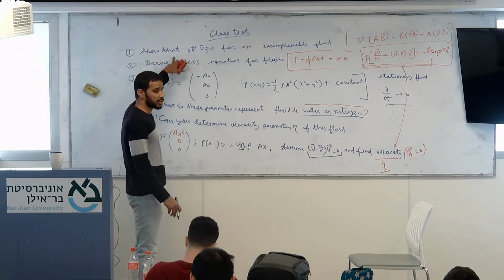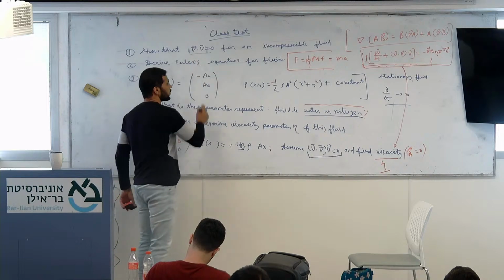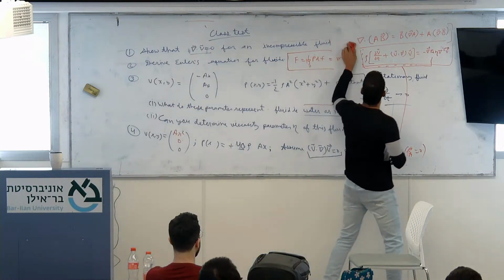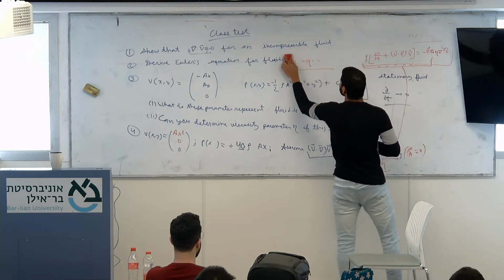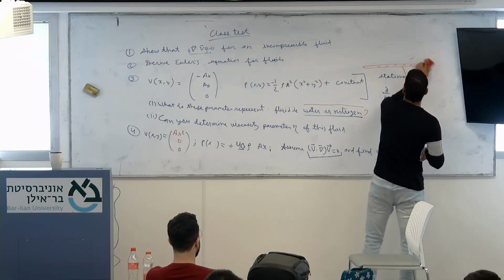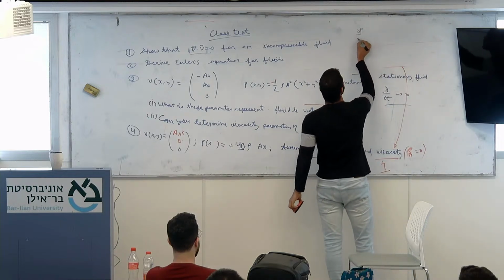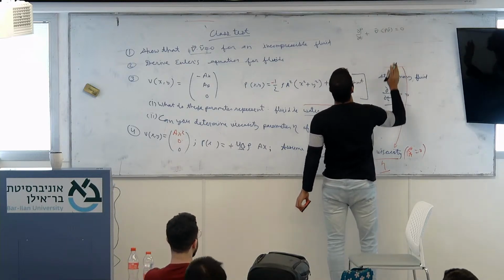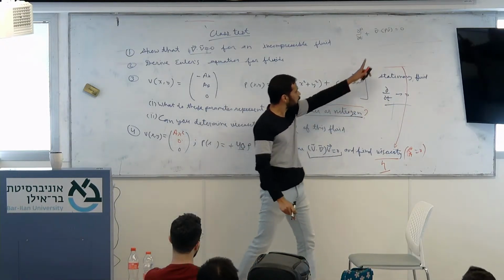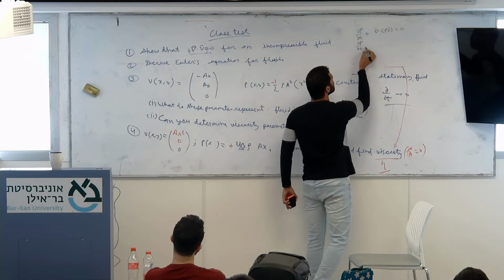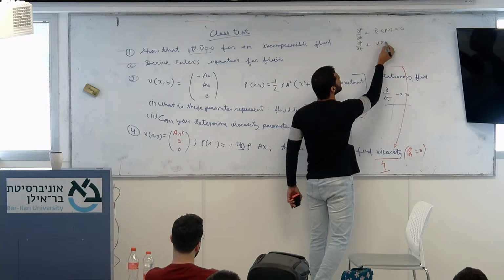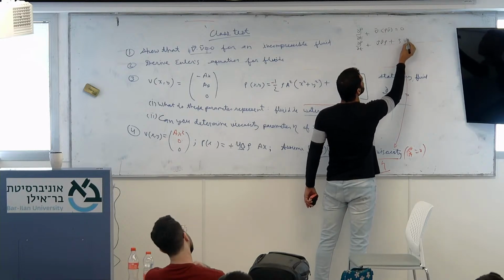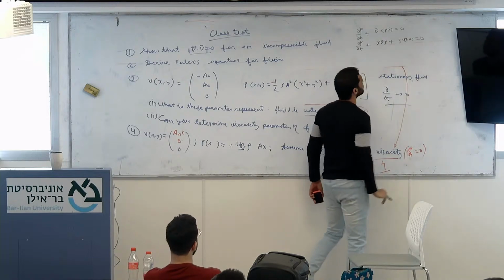The first question: you have to show that the divergence of V is 0. It comes from the continuity equation.